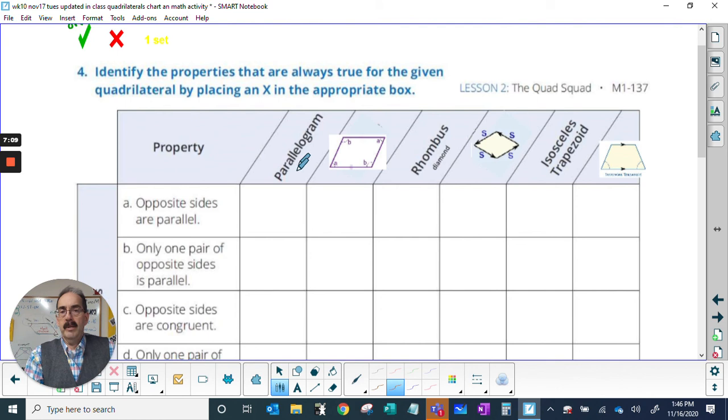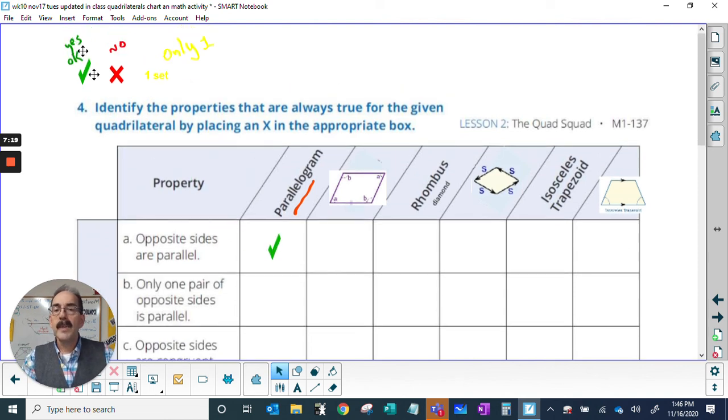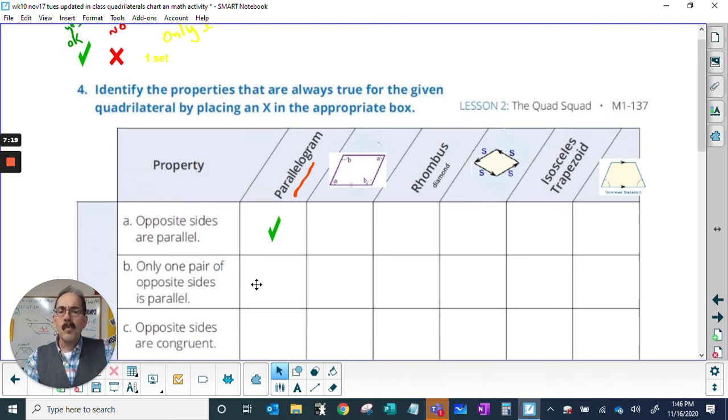Okay, opposite sides are parallel. Parallelogram? Absolutely. So let's just grab that guy and say absolutely. Now, you can write okay or yes or just put a check mark. Only one pair of opposite sides. Only one pair are parallel?